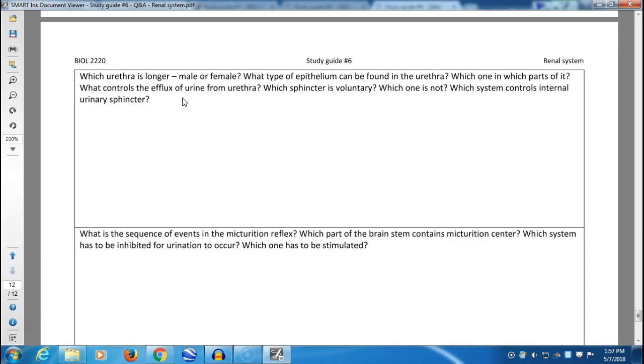Internal. External is under somatic control, right? So, in order to start urinating, parasympathetic stimulation increases, somatic stimulation decreases, relaxing the external urinary sphincter, and you pee. Does that make sense? Okay, know which system controls which sphincter. Am I clear here?